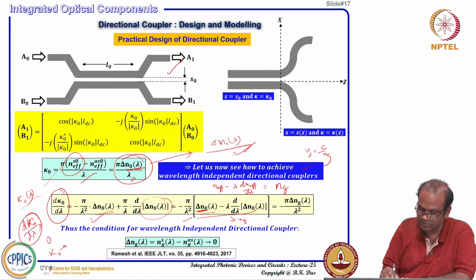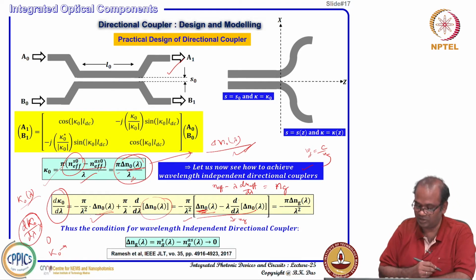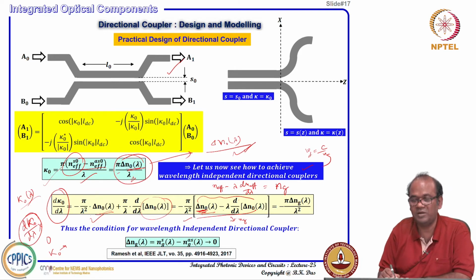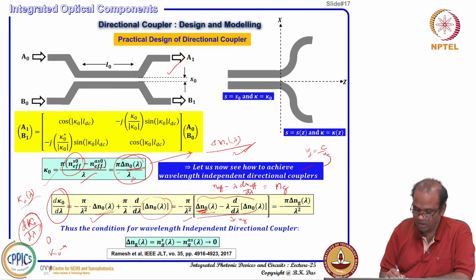Here, instead of n effective you have delta n naught, which is the separation of the effective indices of the symmetric and antisymmetric mode. So, I can write this in brief as delta Ng, which is nothing but the group index of the symmetric mode minus the group index of the antisymmetric mode.